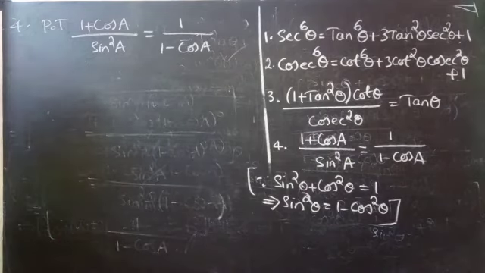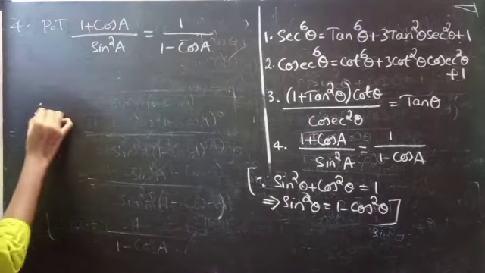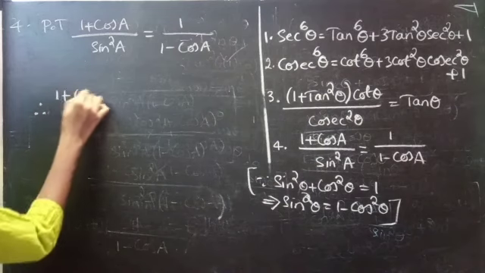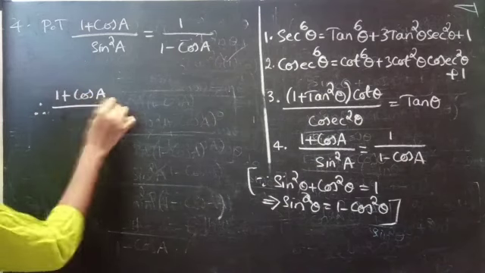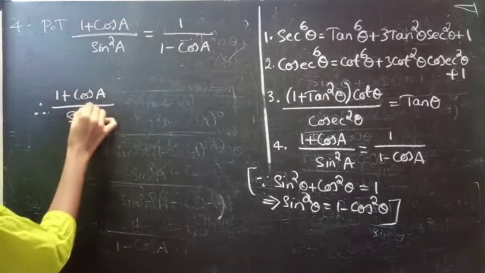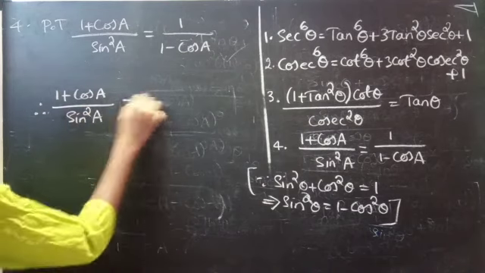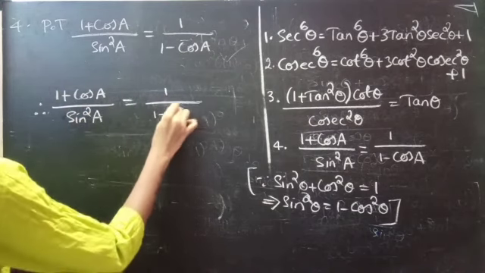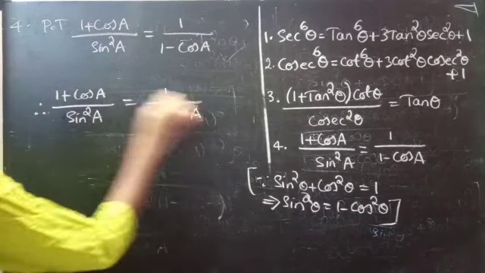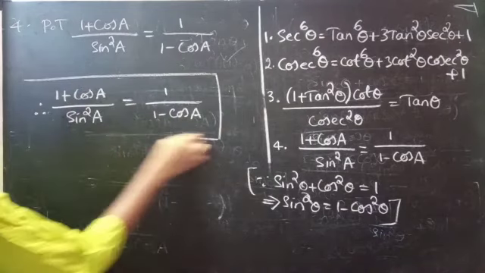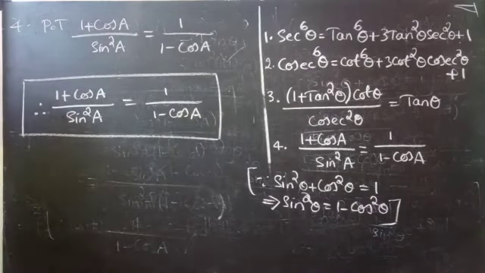So therefore 1 plus cos A by sin square A equals 1 by 1 minus cos A. This completes the identity.